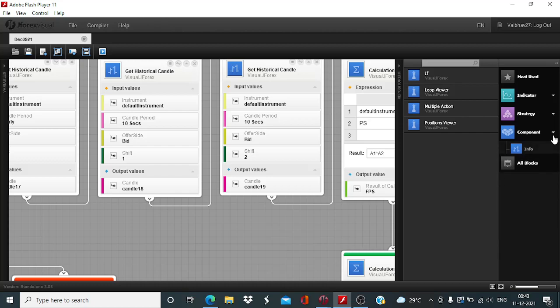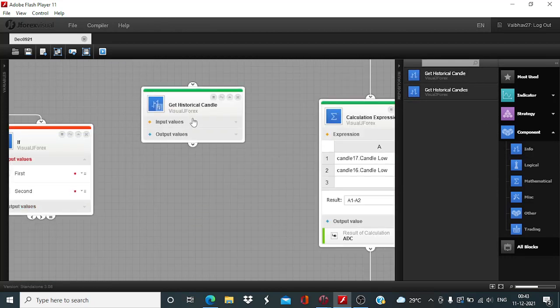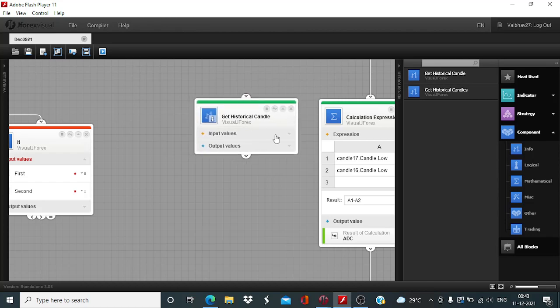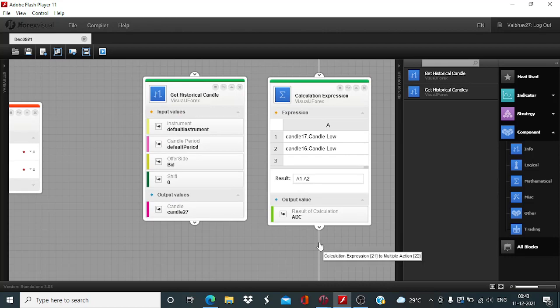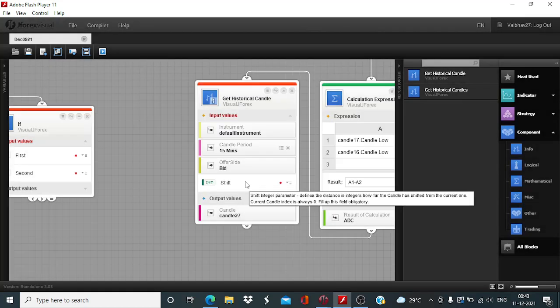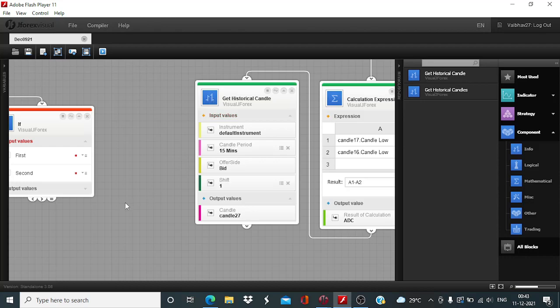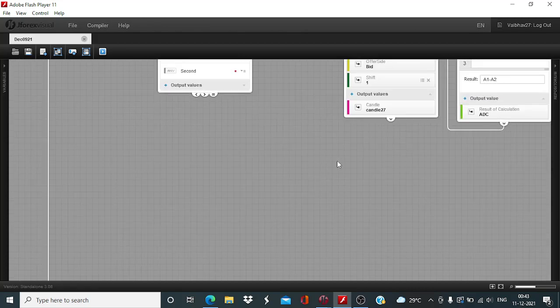We are going to need the info component. Okay. Candle period will be changed to 15 minutes. Shift value will be 1. So this is the last 15-minute block. All right.